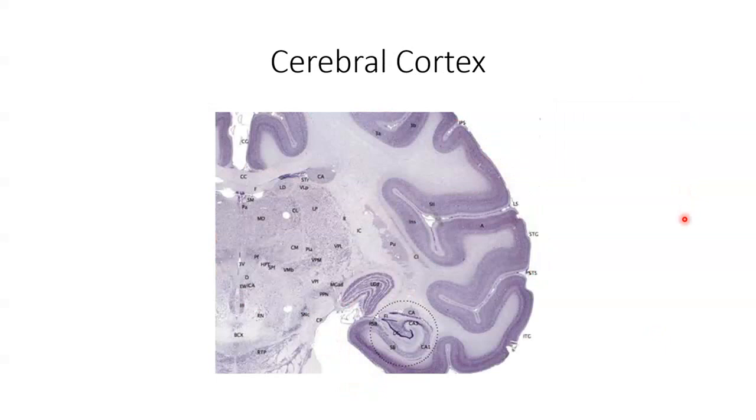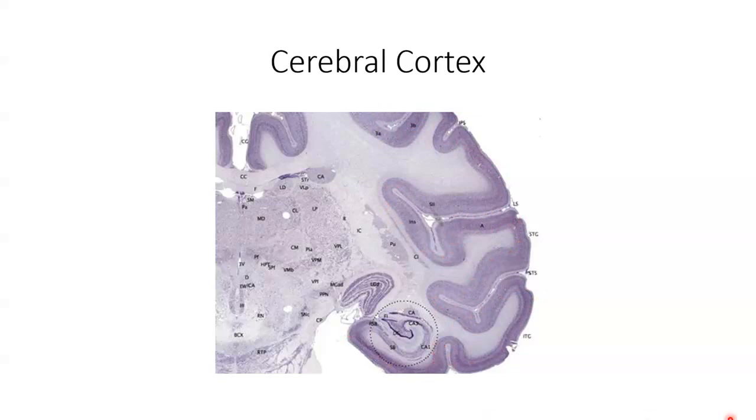So looking first at the cerebral cortex, the cerebral cortex is the region of grey matter that forms the outer rim of the cerebrum. Although it's only 2 to 4 millimeters thick, the cerebral cortex contains billions of neurons arranged in layers. So our cerebral cortex is this dark purple layer around here.